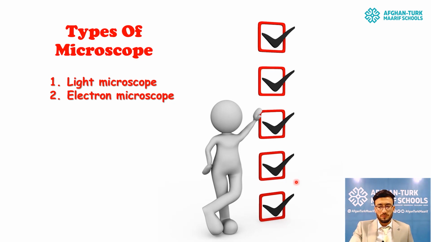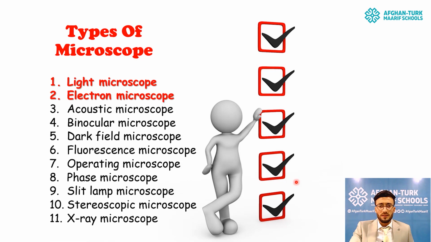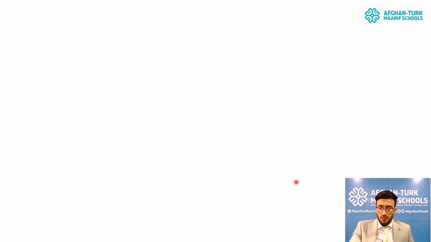So in this video, we will talk about these two important microscopes. There are other microscopes that possess their own function and importance in biological fields, but let's talk about these two.